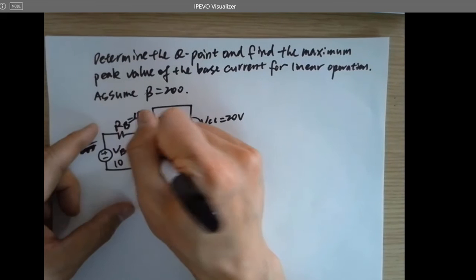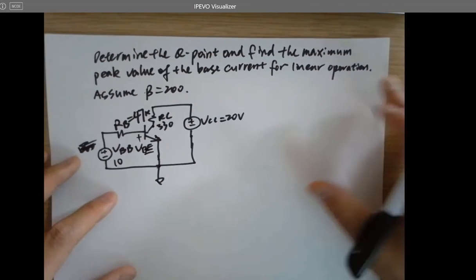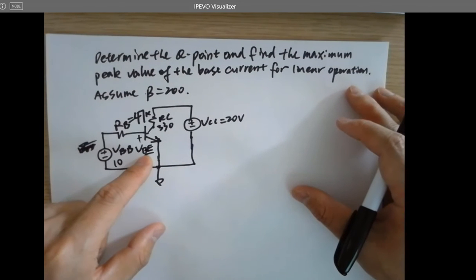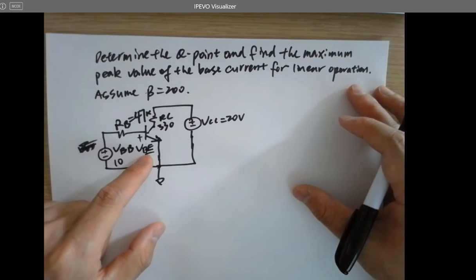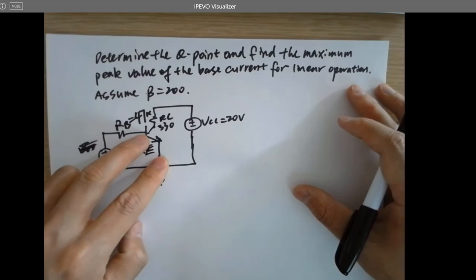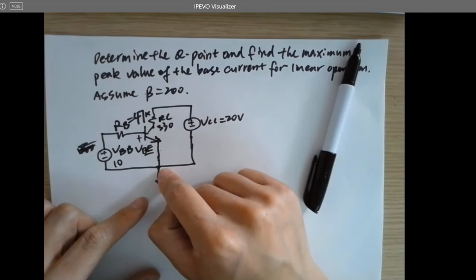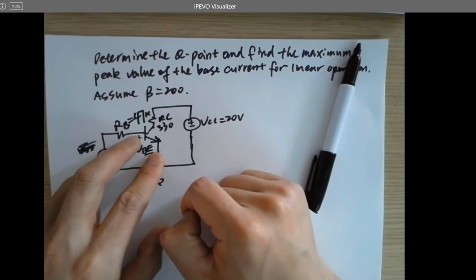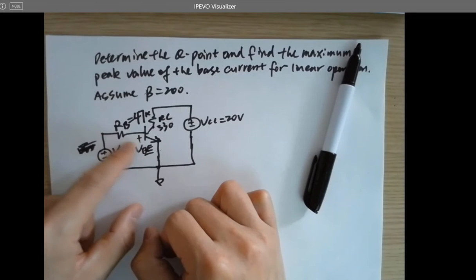Why? Because VBE, of course it varies, but here we just ignore it because it's going to vary between 0.5 to 0.7, tiny, so negligible. We just assume VBE to be 0.7 volts, and you have 10 volts here, so minus VBE, because there's no VE here, this is directly shorted to the ground. So the voltage drop here is 0.7 volts, and the total voltage drop is 10 volts, so you can definitely calculate for IB.